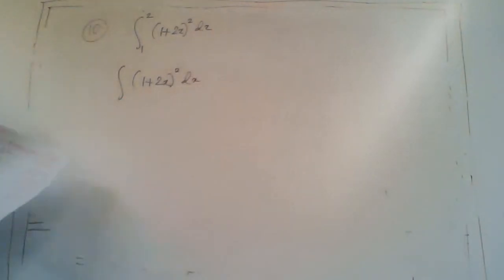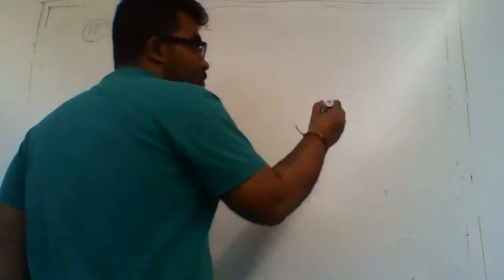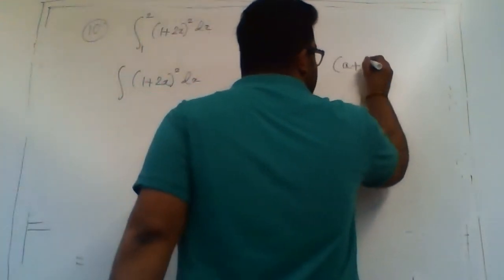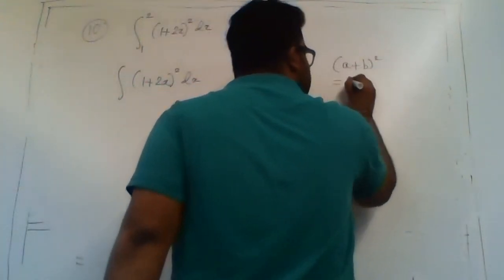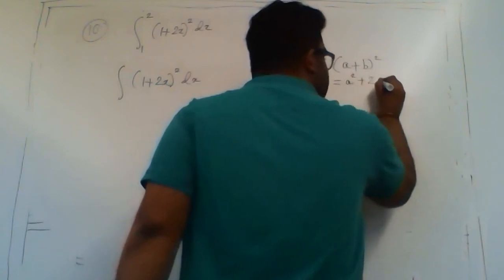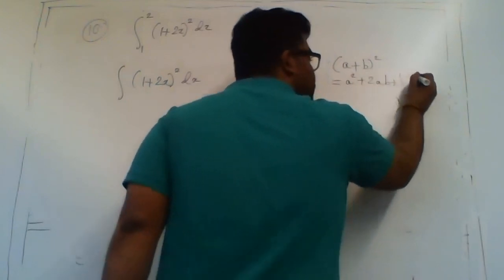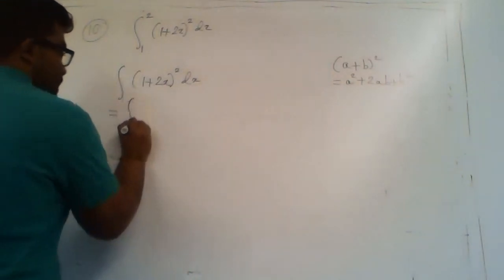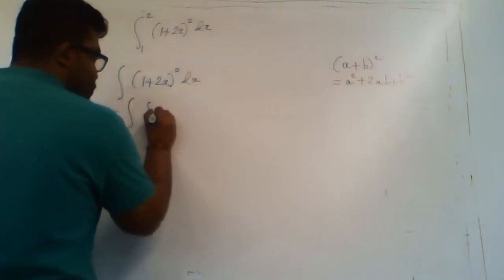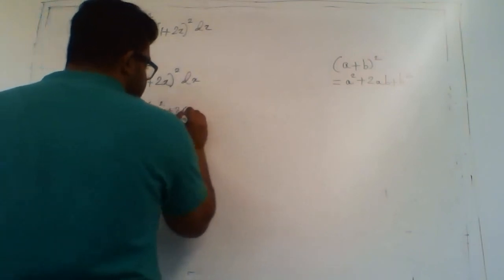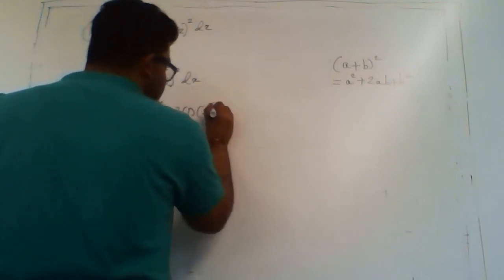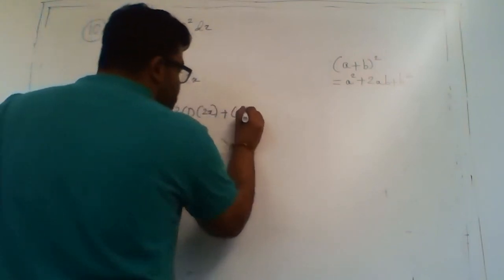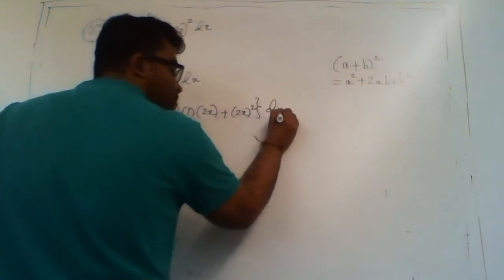To evaluate this, you have to use this formula: (a plus b) whole square equals a square plus twice ab plus b square. Using that, you can break it down and write this as 1 square plus 2 times 1 times 2x plus (2x) whole square dx.